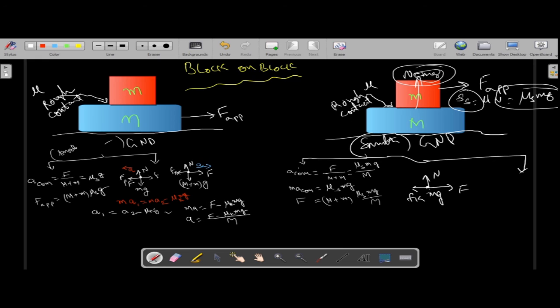In such a case, the upper block acceleration A1 is given by the applied force minus frictional force mu k into mg, divided by the mass of the object, small m. By using this formula, one can determine the acceleration of this particular case.